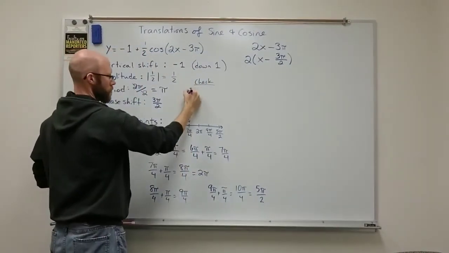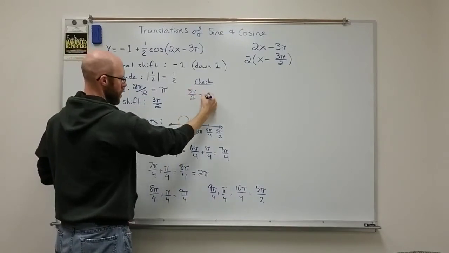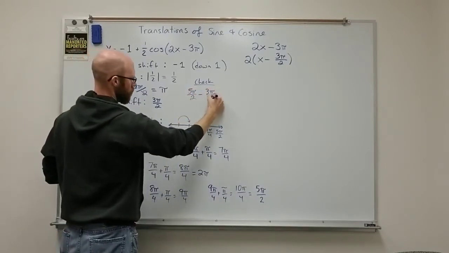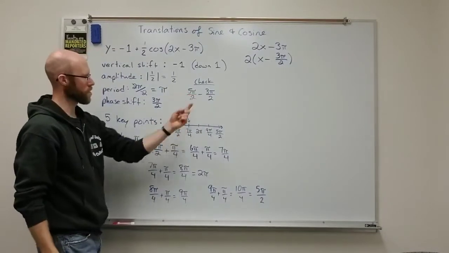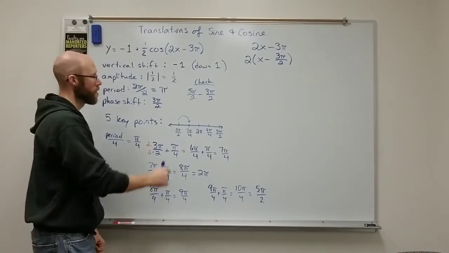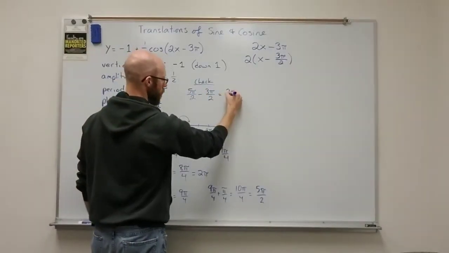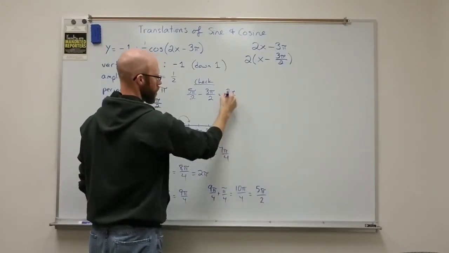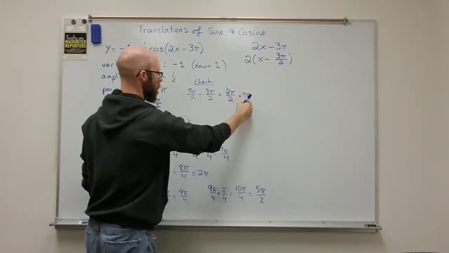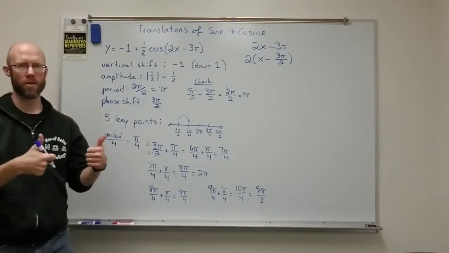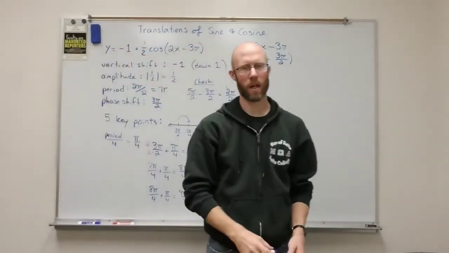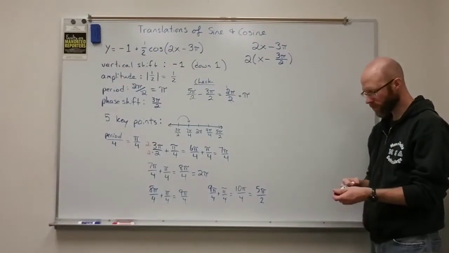The check is going to be 5 pi over 2 minus 3 pi over 2. And of course, they have a common denominator. 5 pi minus 3 pi is going to be 2 pi. And 2 pi over 2, the 2's cancel, and you get pi, which was the original period, so that worked out. We didn't make any mistakes there, okay?